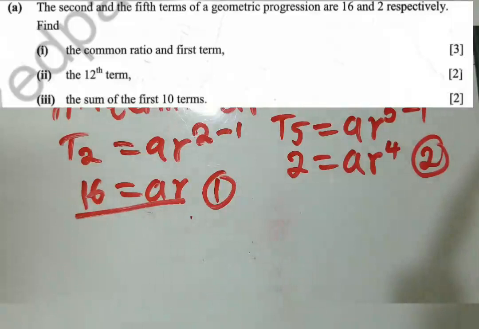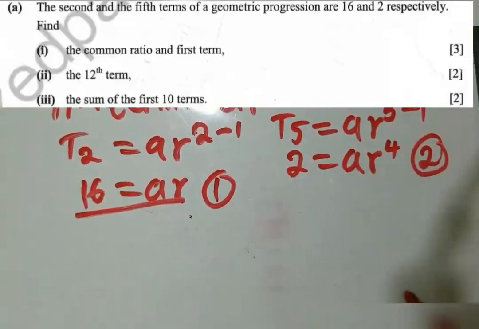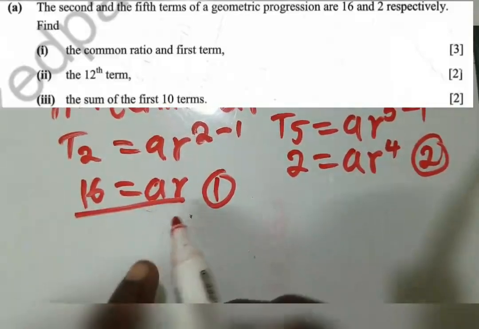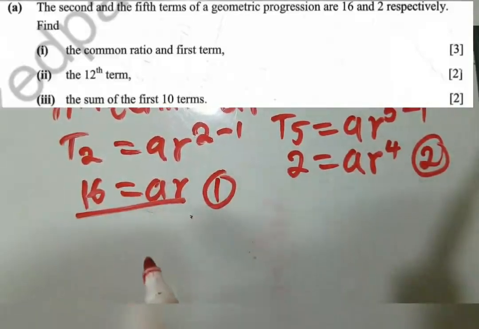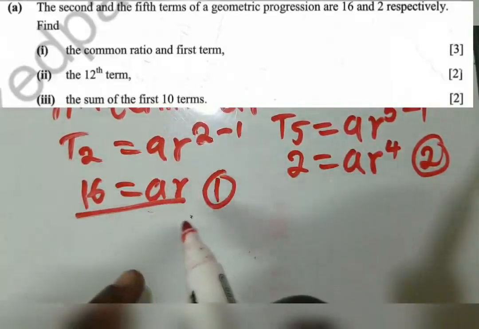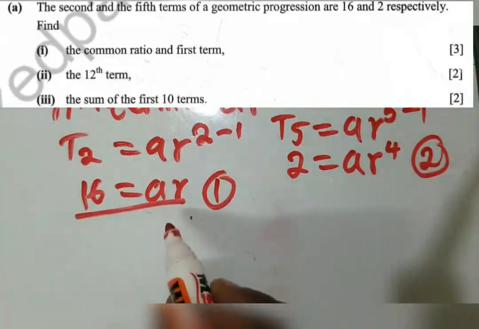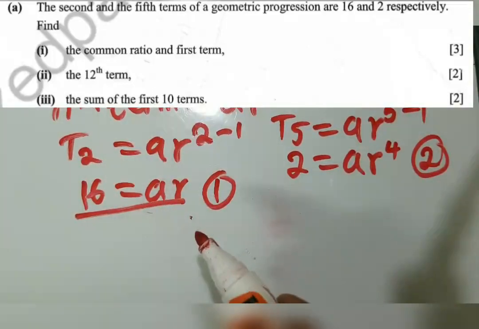What do I mean by solving them simultaneously? We are going to use the substitution method. You know about simultaneous equations: make any letter the subject, then replace it in the other equation. So let's make r the subject of the formula.